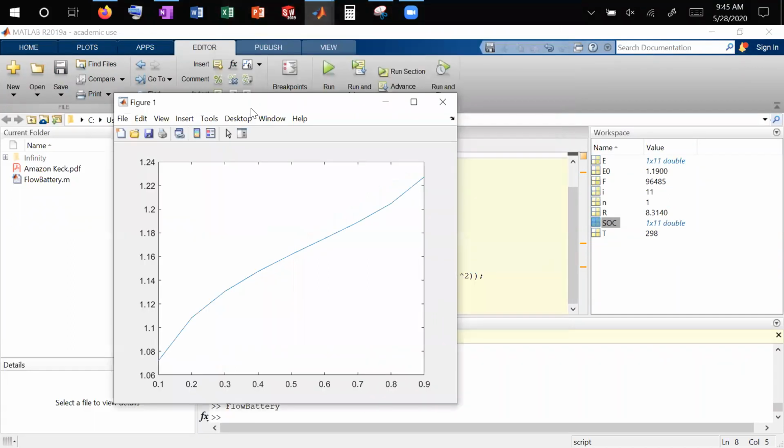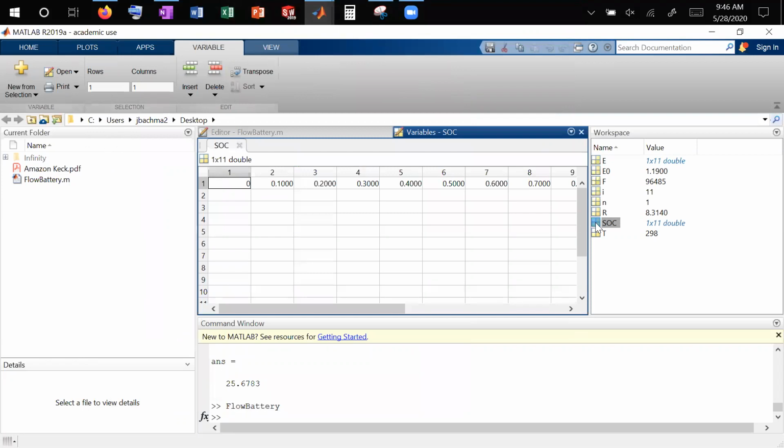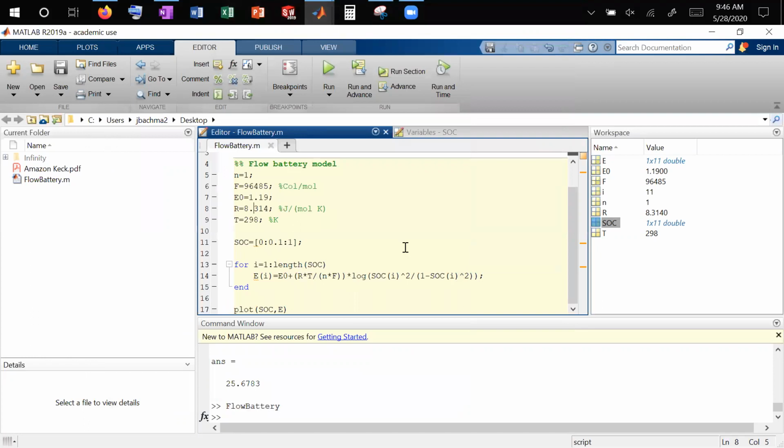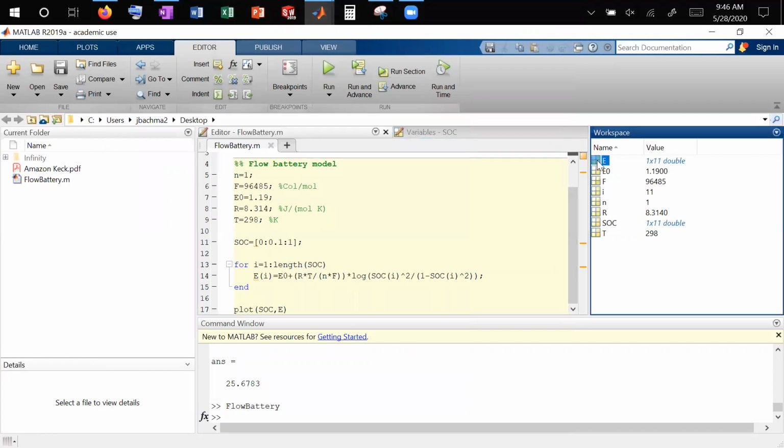So now you can already see the prediction. When you're fully charged, you should expect this battery to be, did I go? Doesn't it do 0? No, it does 0. I don't know why it's not plotting. Let's see what our voltages are.